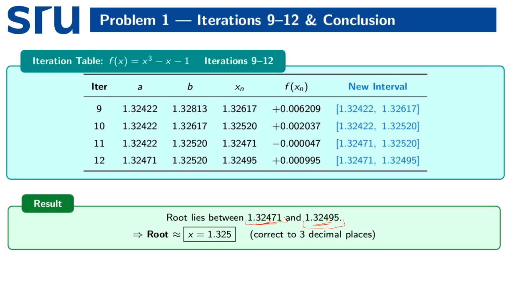So the actual root is approximately equal to 1.325 that we will consider. Okay, this is correct up to 3 decimal places, right? This is how we calculate the approximate root using bisection method.